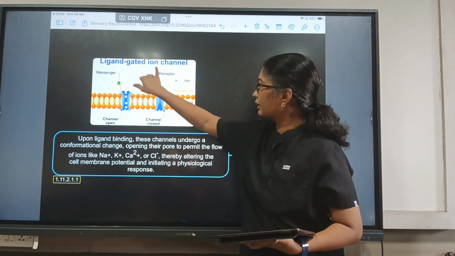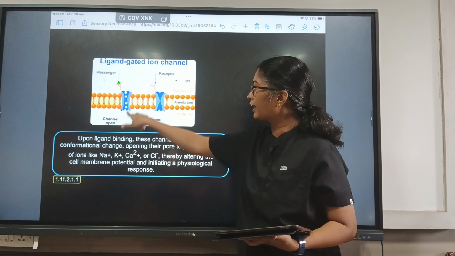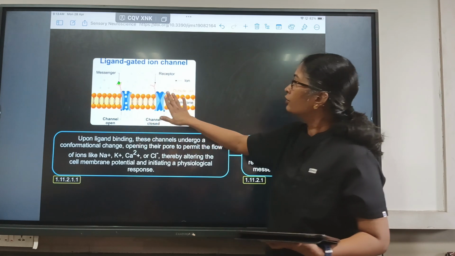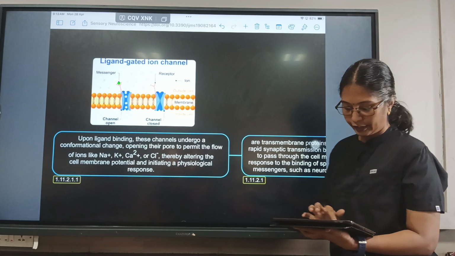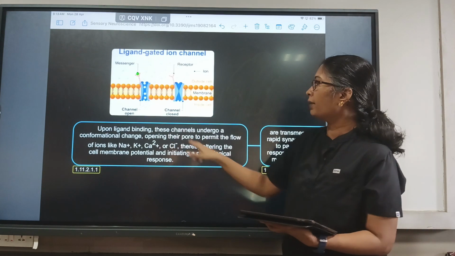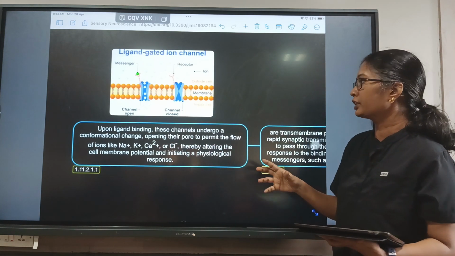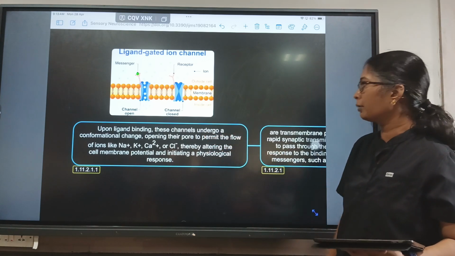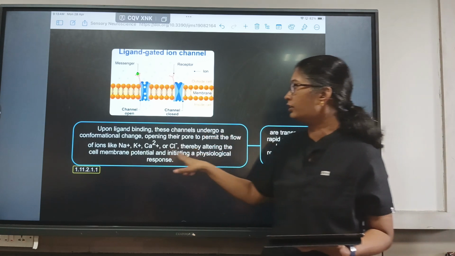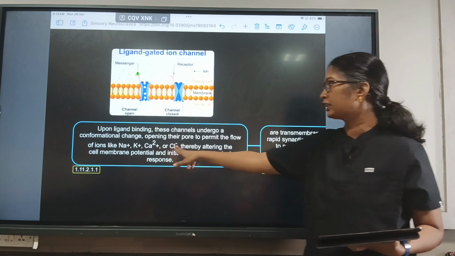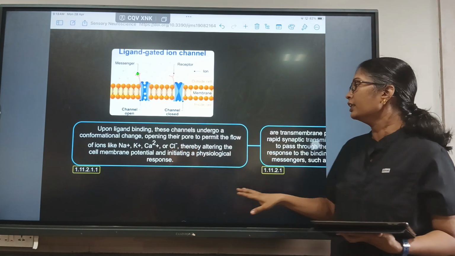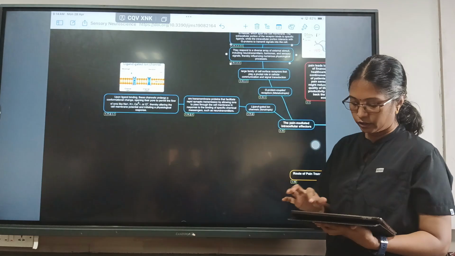When the messenger reaches there, the ion channel opens and there is exchange of ions either outside or inside. So this is the structure of the ion channel. Upon ligand binding, these channels undergo a conformational change, which means there is a structural change, opening their pore to permit the flow of ions. What are all the ions? We have sodium, potassium, calcium and chloride ions, thereby altering the cell membrane potential and initiating a physiological response.